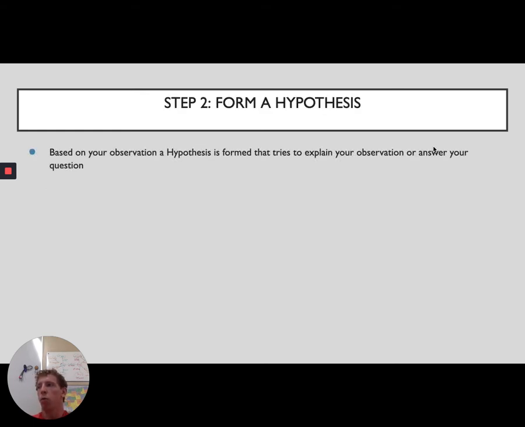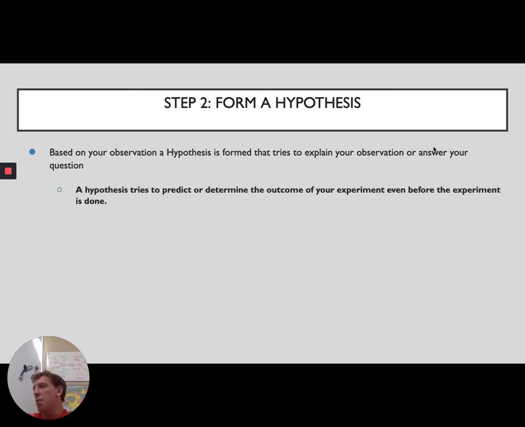So step 2 is form a hypothesis. Based on your observation, a hypothesis is formed that tries to explain your observation or answer your question. This is where you might do some research before you form your hypothesis. But again, most of the time this is based on prior knowledge. A hypothesis tries to predict or determine the outcome of your experiment even before the experiment is done.